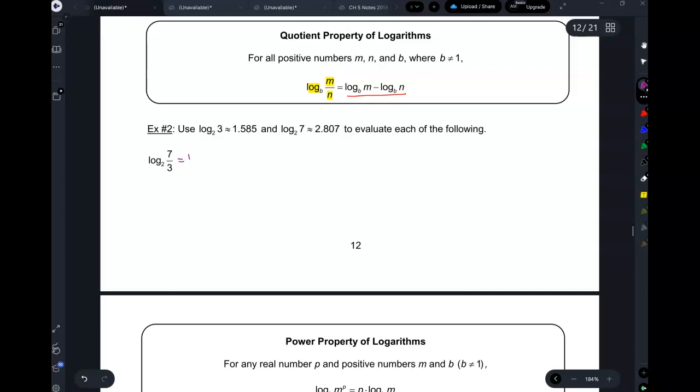It's log base 2 of the first one, minus log base 2 of 3. So remember, division goes to subtraction, multiplication to addition. It's just like, just remember exponents. So this is going to be 2.807 minus 1.585, 1.222.